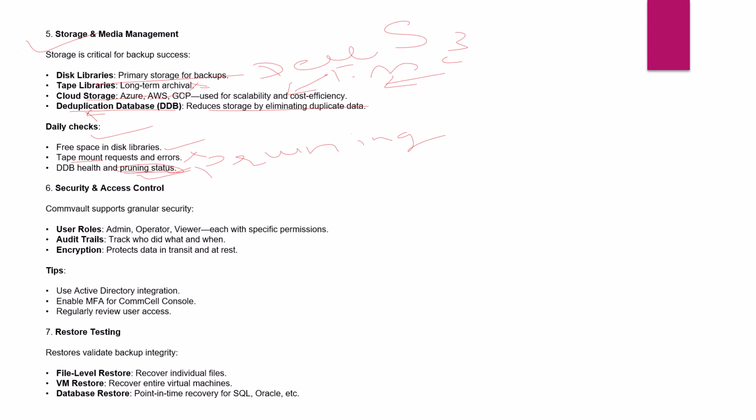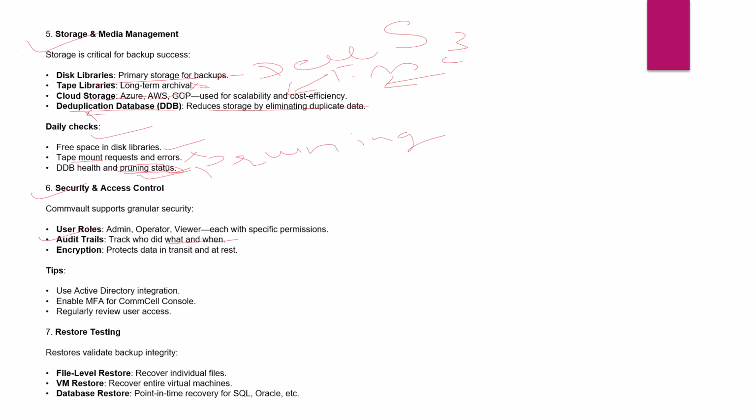Okay, let's jump to the sixth one, that is security and access control. Why are we talking about security and access control? You can check from the audit trail who did what and when. This is the main part, because sometimes backup jobs are failing again and again, and we receive multiple alerts, multiple incidents.